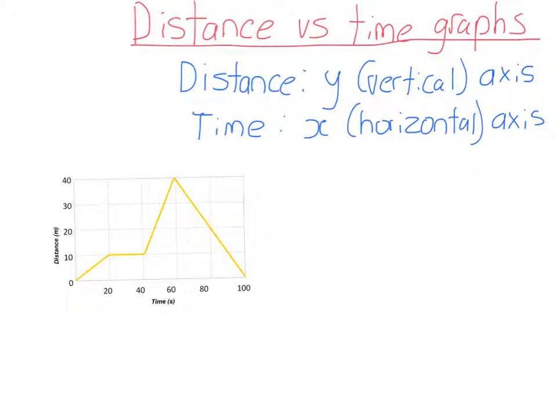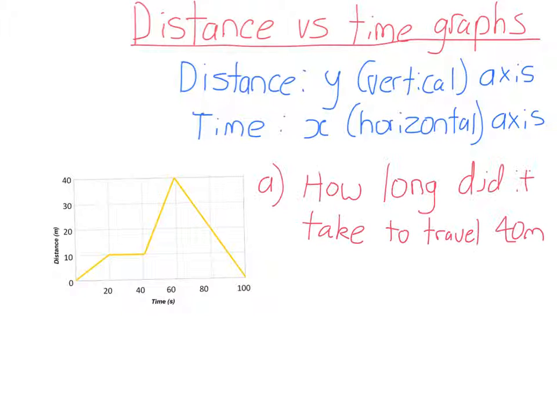So we'll now do a few of the type of questions that you'll need to know how to do. So the first question I'm going to give you is to ask, how long did it take for this person to travel 40 metres? So whenever you get a question that says how long or at what time, it's asking you for the time, or in other words, the corresponding x value.